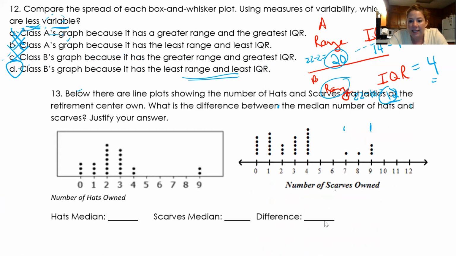Number 13. Below there are line plots showing the number of hats and scarves that ladies at the retirement center own. What's the difference between the median number of hats and scarves? So the median, let's see how many numbers we have. We have 23 numbers.